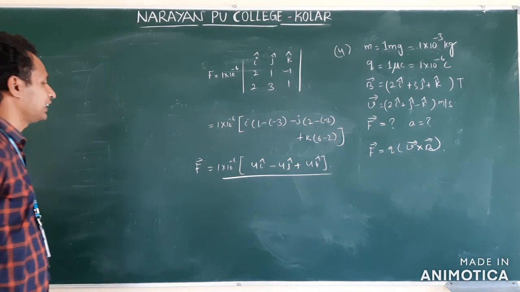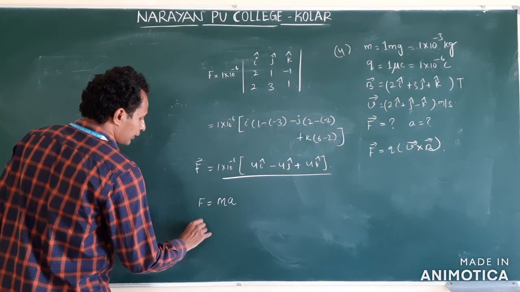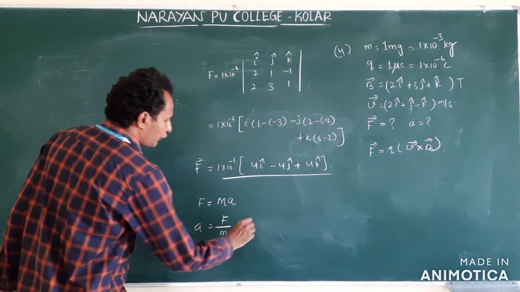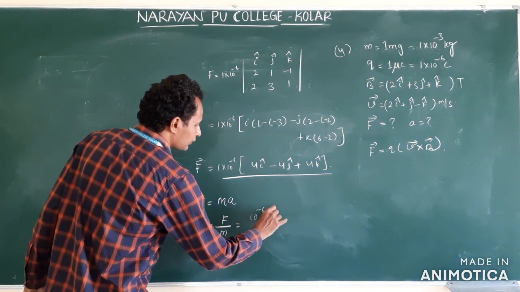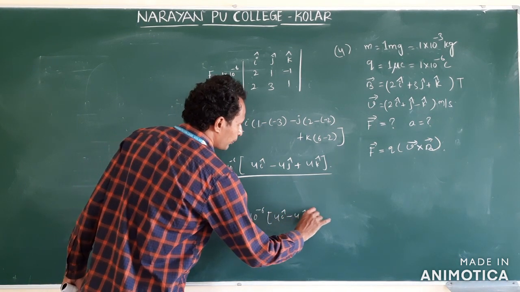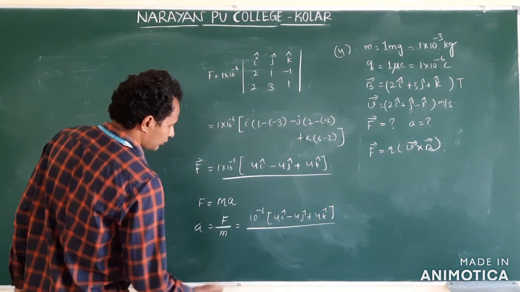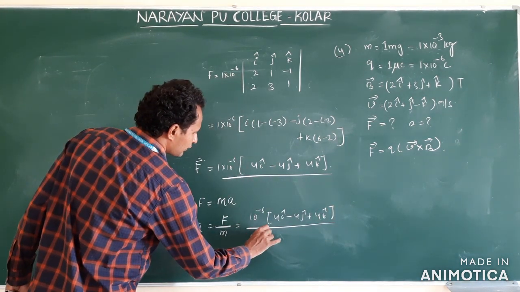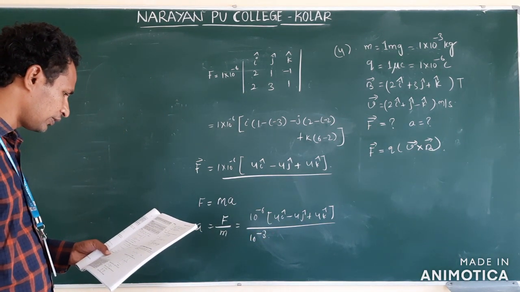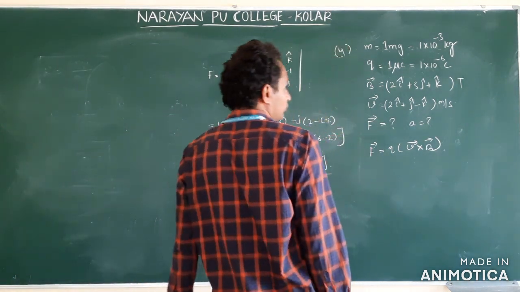And they ask the acceleration. F is equal to m a, so a is equal to F by m. F we got 10 power minus 6 into 4 i cap minus 4 j cap plus 4 k cap, divided by what is the mass? 10 power minus 3. Here they gave milligram.